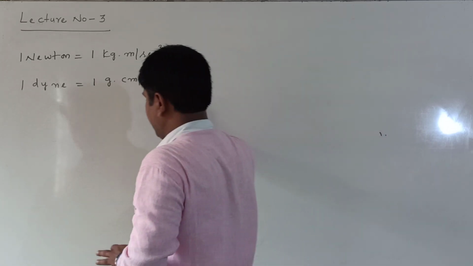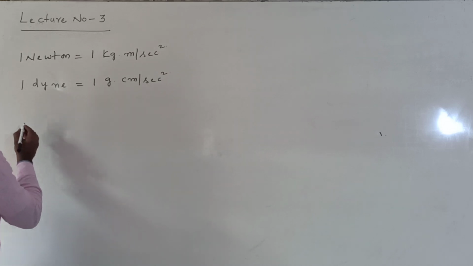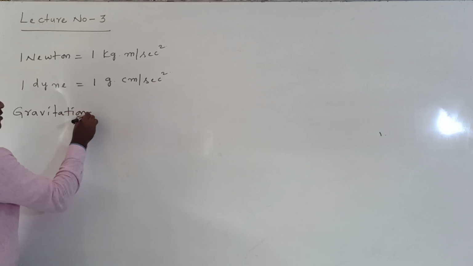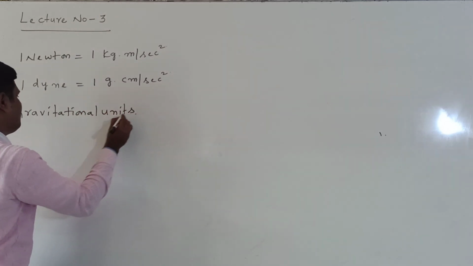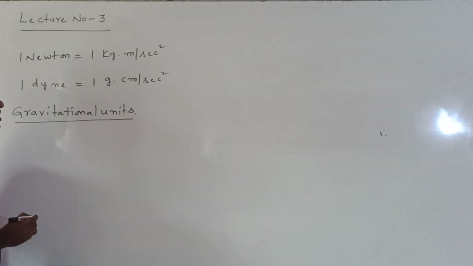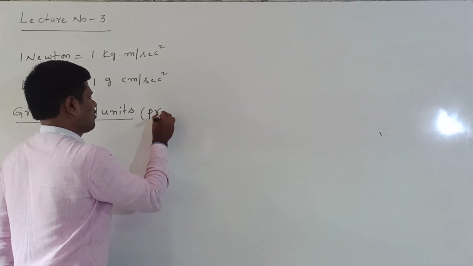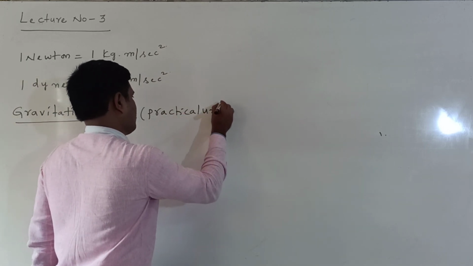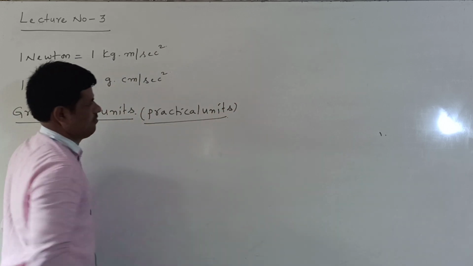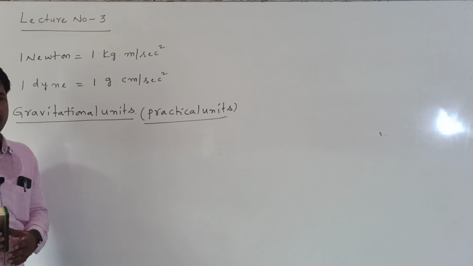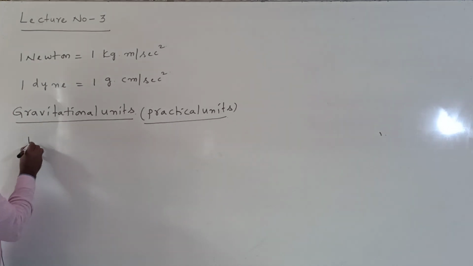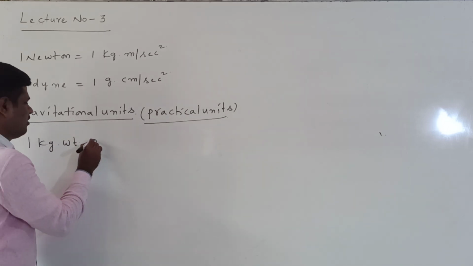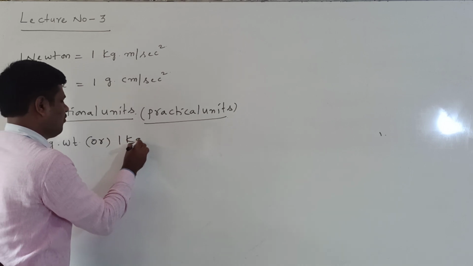Next, another 2 units are there for the force, that are called gravitational units, or that is also called practical units. We are using these in daily life. What are the gravitational units here? 1 kilogram weight or 1 kilogram force.